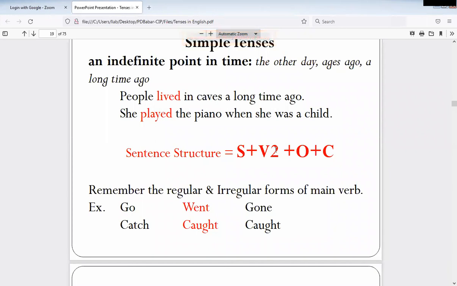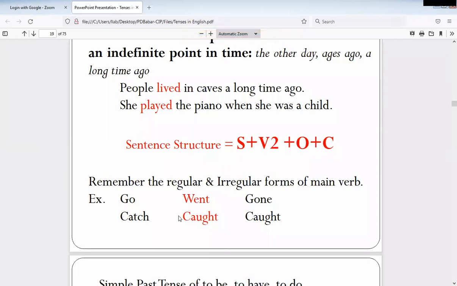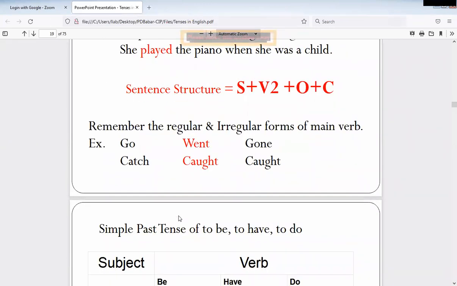PP means past participle, that is V3 or the third form. Another example of irregular verbs is catch, caught, caught. Then teach, taught, taught. This is also an irregular verb because it does not have the ed suffix. They are not formed with the help of the ed suffix, and that's why they are called irregular forms of the verb.